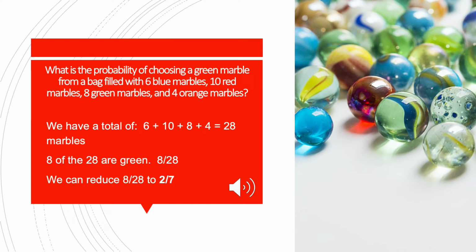So we have 6 plus 10 plus 8 plus 4 gives us 28 total marbles. And of those 28 total marbles, we know that 8 are green. So 8 over 28 can reduce down to 2/7, and that's our probability of choosing a green marble from a bag containing those 28 marbles when we know there are 8 green.